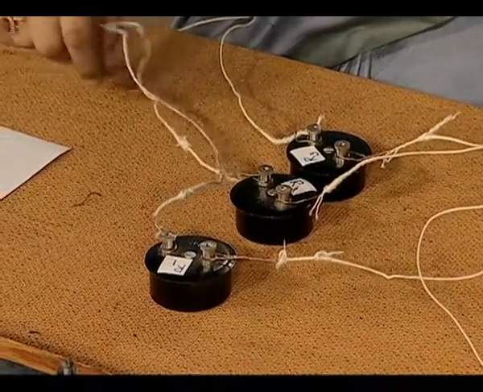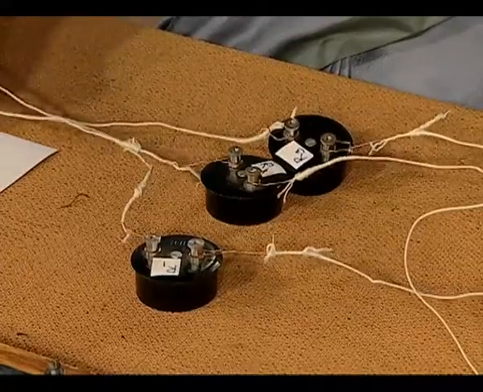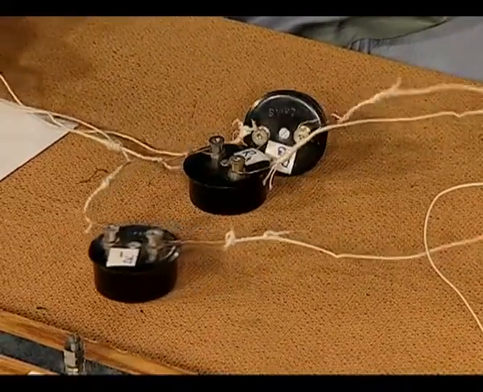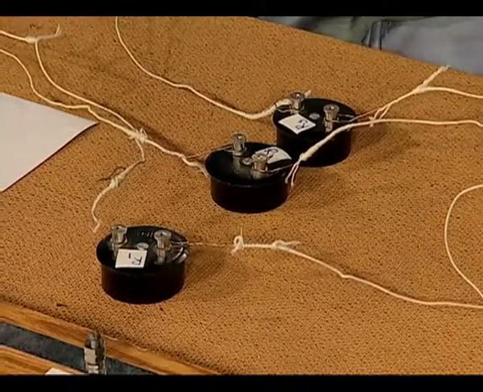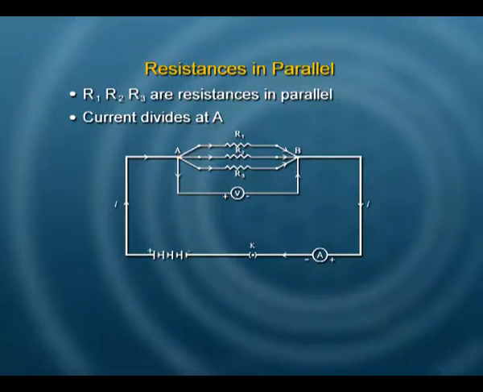Likewise, the other terminal of each of them is connected on the other side. This forms a parallel connection, and the current is divided at this point into the 3 resistor branches depending upon the value of resistance.